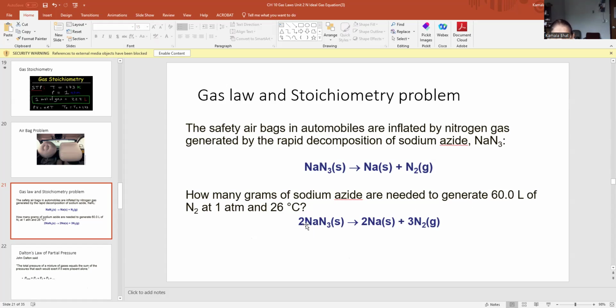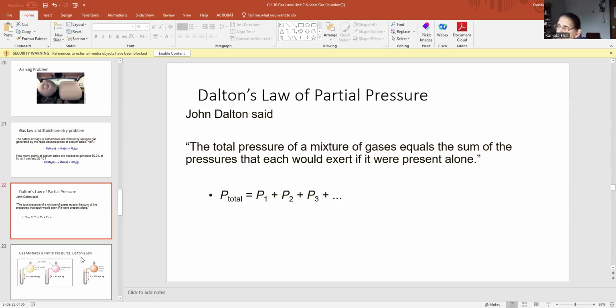For every 2 moles of NaN3, 3 moles of nitrogen gas is produced. Using the volume of nitrogen gas in liters, you know the number of moles that is produced. At a particular temperature, convert the temperature to Kelvin, and then substitute it in the equation and solve it.